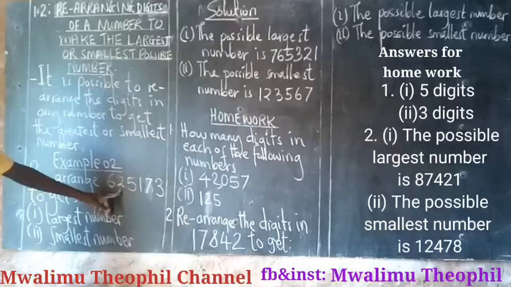To get the possible smallest number, we start with the smallest digit to the largest. Here, we start with 1, followed by 2, 3, 5, 6, and the last will be 7, read as 123,567.